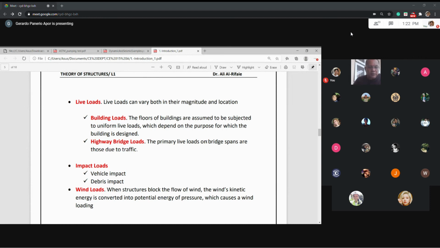Anything that is over is not good: overload, overstress, anything over.